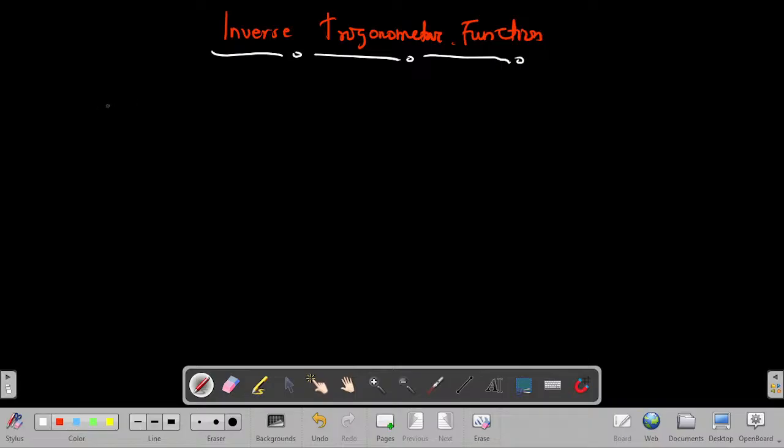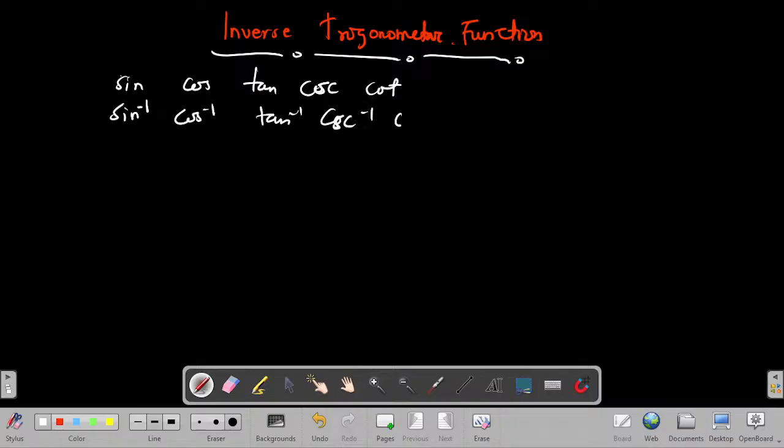So as we have sine, we have cos, we have tan, we have cosec. So let me write them here. Sine, cos, tan, cosec, cot. We also have the inverse of these functions. Inverse means that I'm going to have sine inverse, cos inverse, tan inverse, cosec inverse, cot inverse.